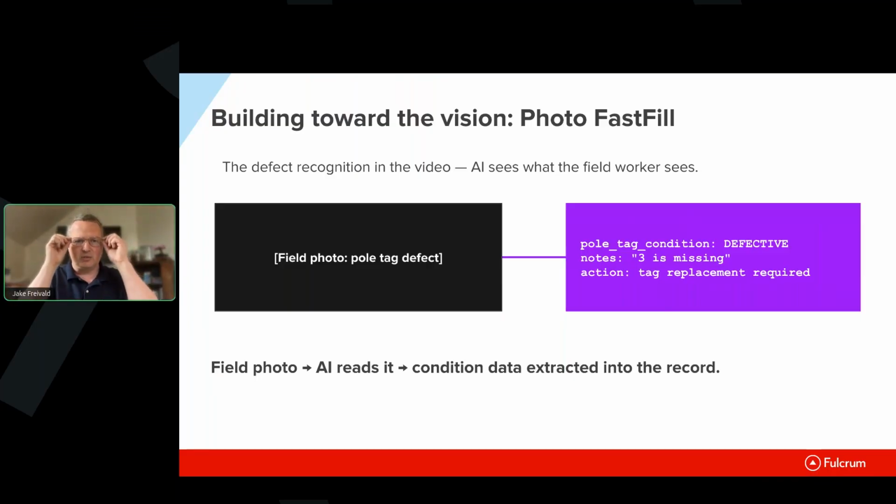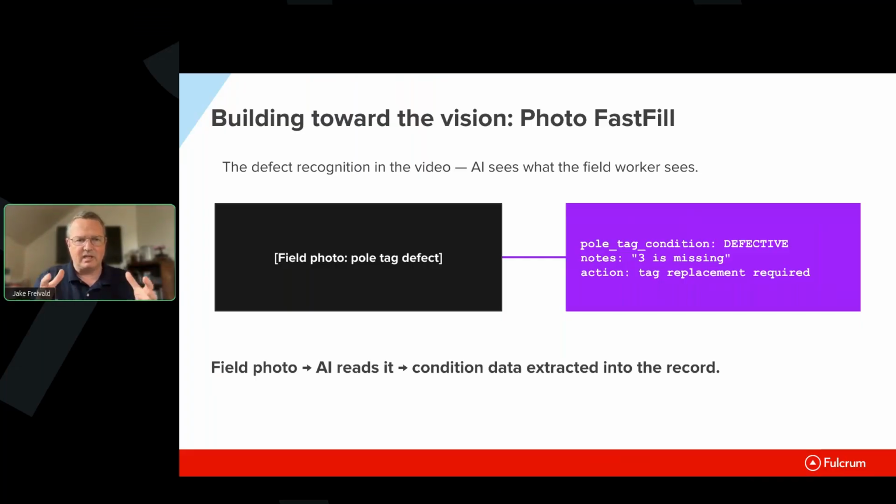So if your glasses are on and you can see a nameplate on an object, then photo fast fill can read the information and say, okay, I've got this serial number, this model number, this manufacturer, I've got three-phase versus single phase, I've got the voltage and amperage, all those different pieces of information, and it's actually better at capturing that information than the people who are sitting there typing things with two thumbs.